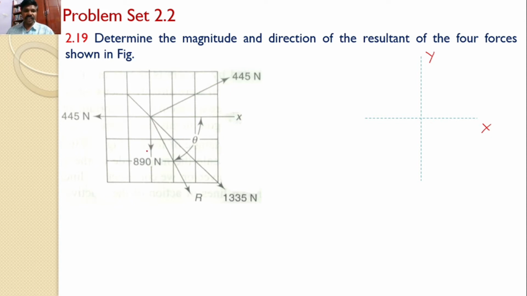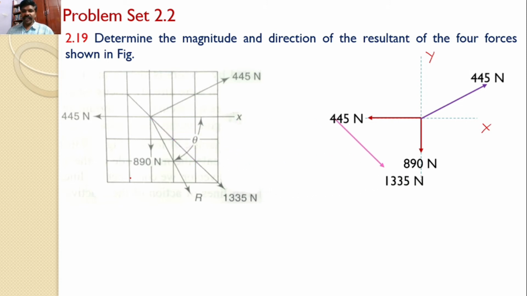First, that 890 newtons acting downwards, I am transferring to my xy plane. Next, that 445 newtons. Next one, the inclined 445 newtons, and that 1335 newtons. Now, the 890 newtons force is vertical, I know.